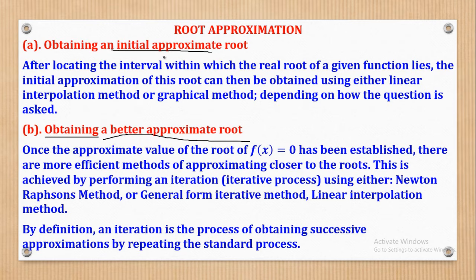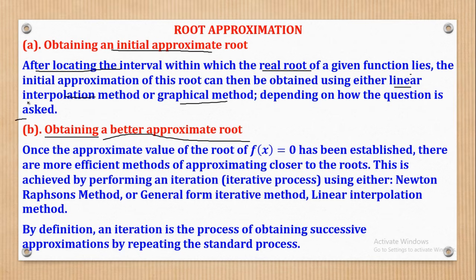For root initial approximation, after locating the interval within which the real root of a given function lies, the initial approximation of this root can then be obtained using either the linear interpolation method, which I think we learned in the previous videos, or the graphical method, depending on how the question is asked.